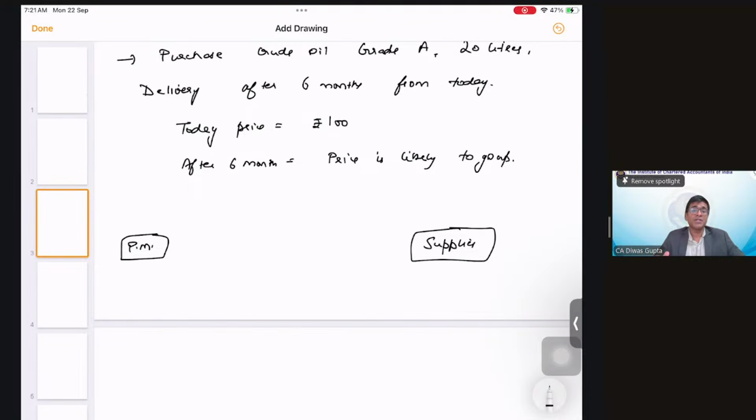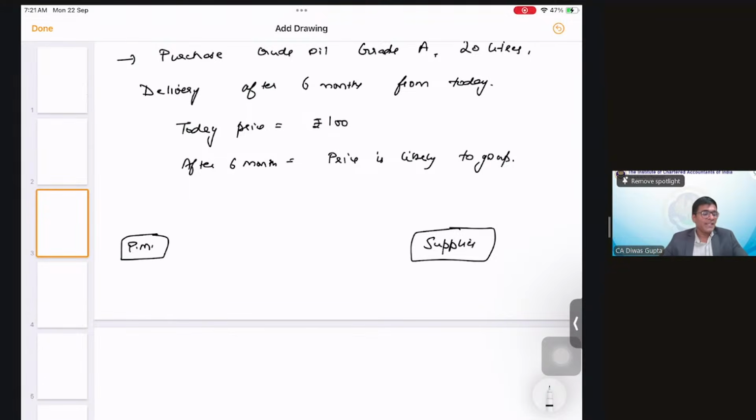But the procurement manager internally knows that the price is going to go up. So he says, why can't we do a deal in which we lock the price today, and then you give me delivery after 6 months? Let's enter into a commitment that I will buy 20 liters of crude oil from you and you need to supply 20 liters of crude oil to me at such and such price. But the deliveries can happen after 6 months. Clear?